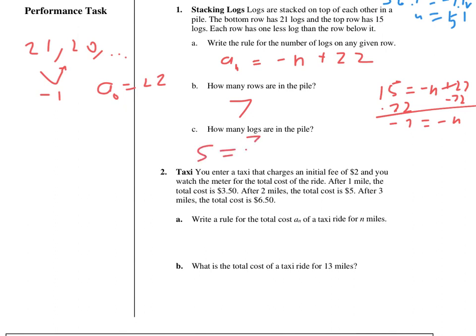So we know that we have 7 rows, and we know that the first one's 22, and then the last one's 15. Oh no, the first one's not 22. The first one's 21. Excuse me. 126. Yeah, I was already thinking if that was 22 in there, that would have come out to a decimal, and it doesn't make sense for us to have half of a log, right? Because we're going to have 126 logs.